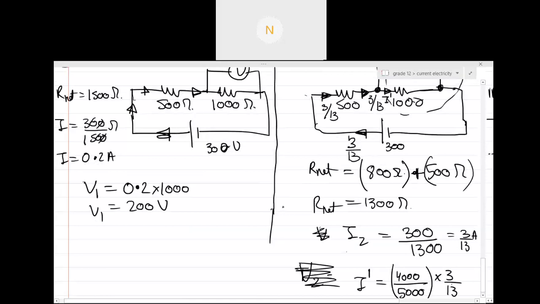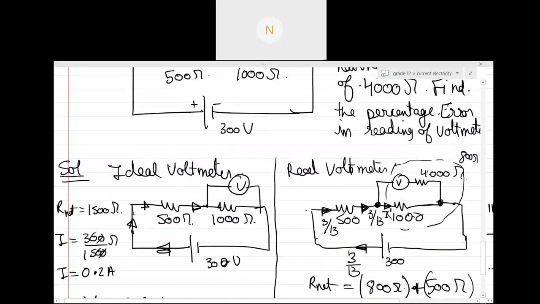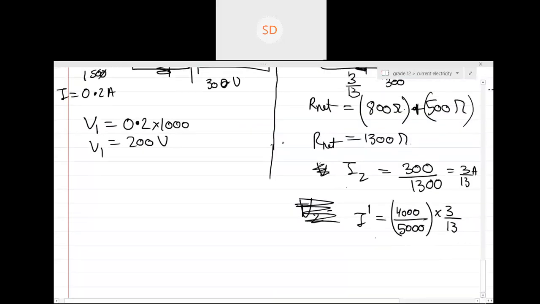Yes or no, guys? So I dash is the current through the 1000 ohm. Basically, this is 4 by 5 into 3 by 13. I am just writing it like this. Is it fine?